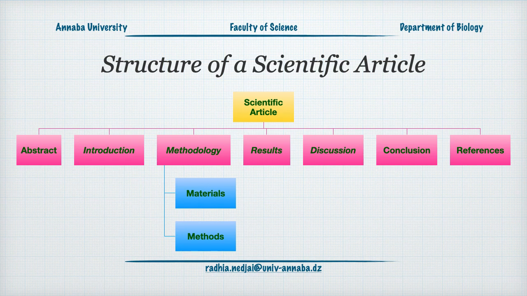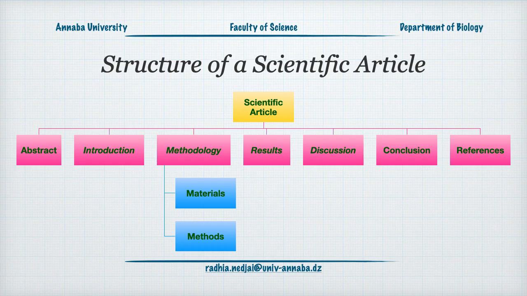The structure of scientific articles is defined by several distinct sections, which are abstract, introduction, methodology, result, discussion, conclusion, and references. And the methodology section combines two parts, materials and methods. Let's start with the abstract.